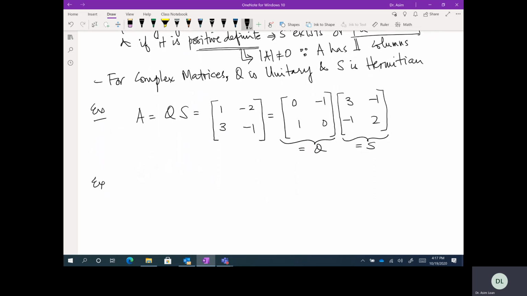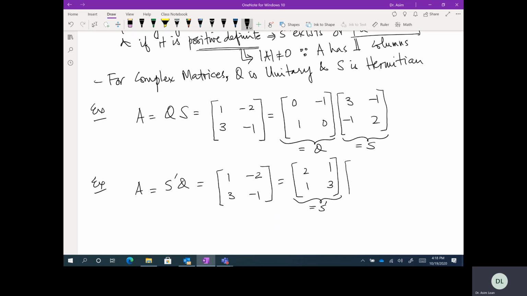So let's see whether you can come up with this one. A is equal to S prime Q, and A is the same matrix [1, -2; 3, -1], and S prime is again a symmetric matrix. This is S prime, and this one is Q.